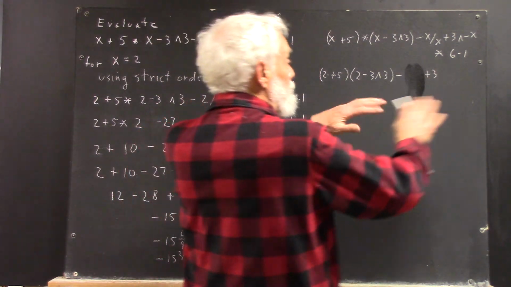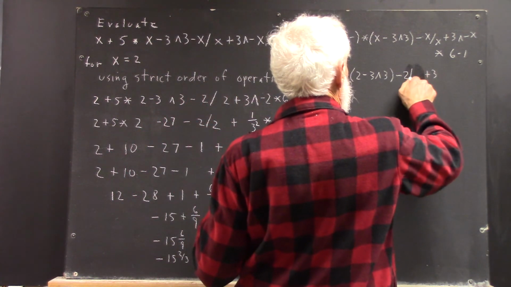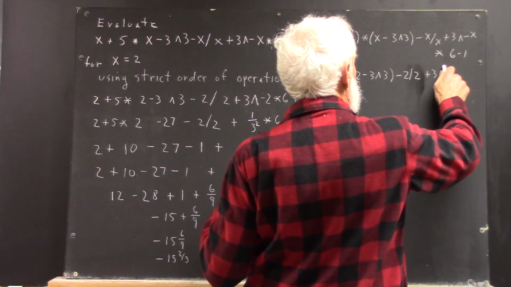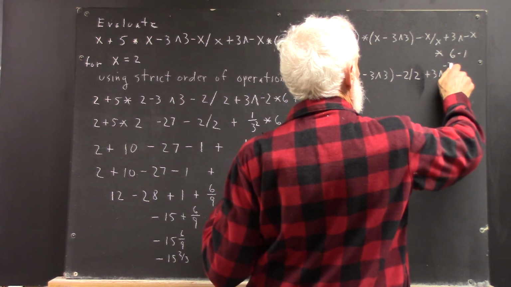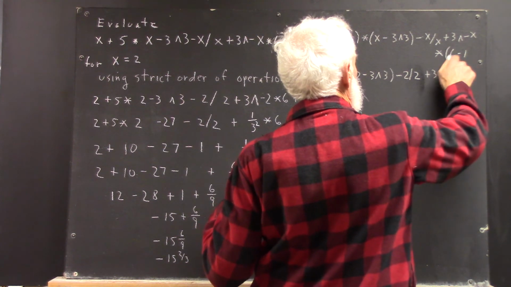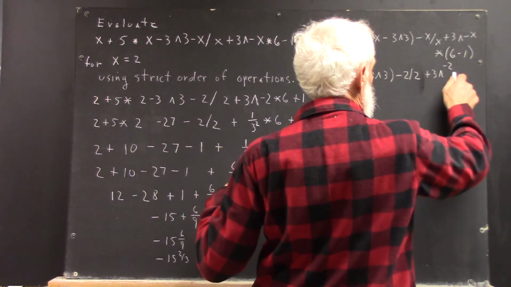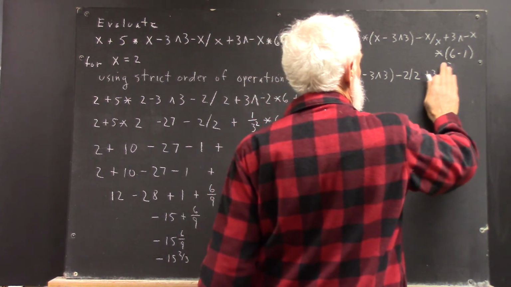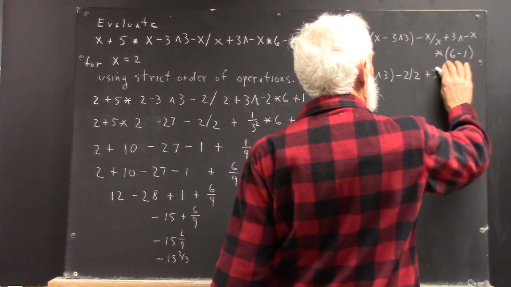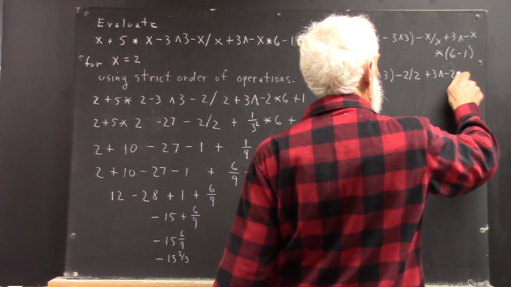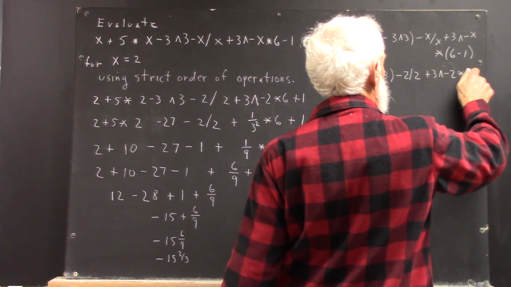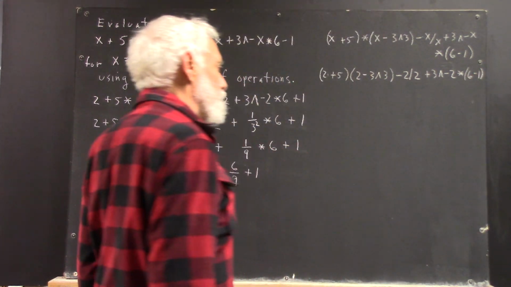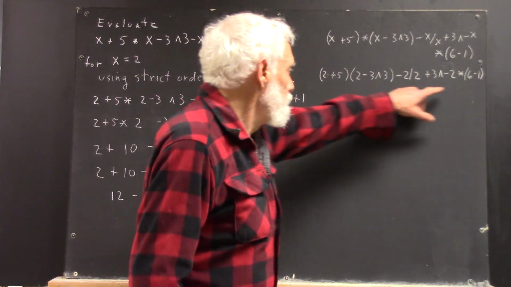Looking more at the space I have than what I'm writing. Okay, 2 over 2 plus 3 raised to the negative 2. And I intended to put parentheses around the 6 minus 1 and the negative 2 should be written here. Excuse my carelessness. Okay, so here we have it.